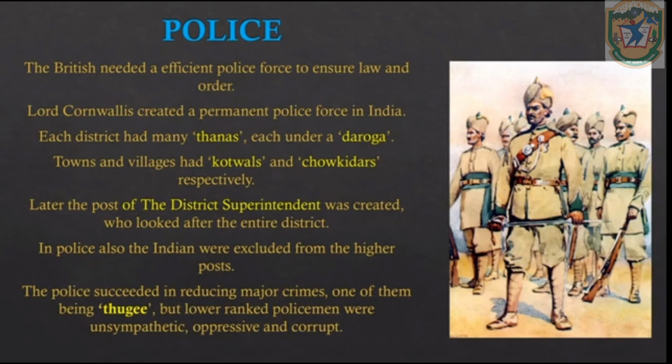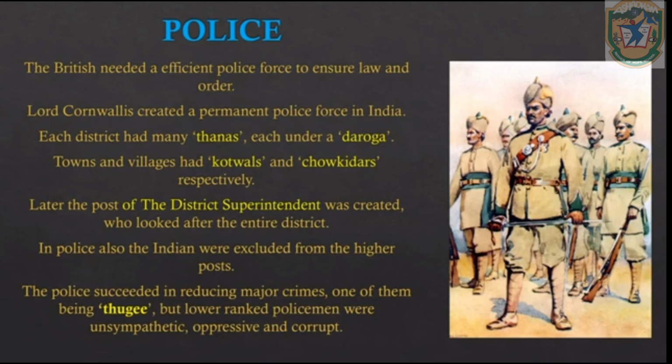Later, the post of district superintendent was created, who looked after the entire district. In police also, the Indians were excluded from the higher posts. The police succeeded in reducing major crimes, one of them being thuggy, but lower ranked policemen were unsympathetic, oppressive, and corrupt.